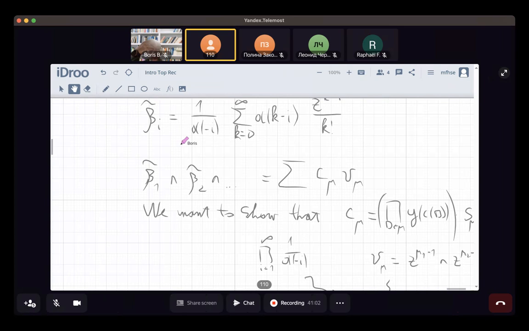Коэффициенты остаются те же. Это получается то, что в бозонном пространстве. Если мы проверим, что коэффициенты совпадают с этими, то все, победа.